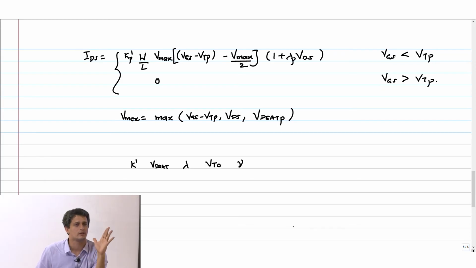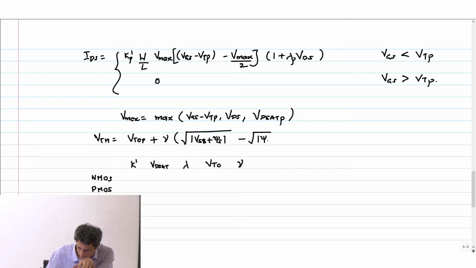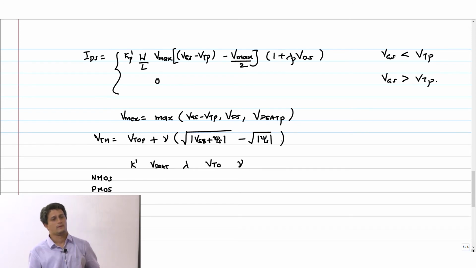These are the 5 parameters for the level 1 spice model. We had 2 transistors, NMOS and PMOS. Let me also write the threshold voltage equation here. VTH is VT naught P plus gamma into root of mod VSB plus psi S, minus root of mod psi S. And there is a gamma P here.